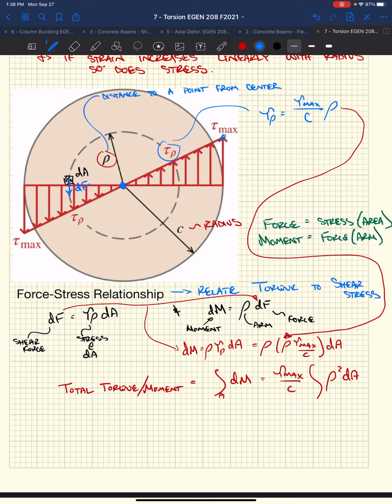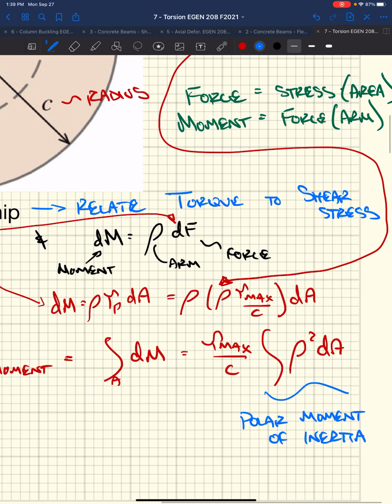Well, as engineers, we don't like to do integrals, just as you guys don't like to do integrals. So this rho squared dA essentially is a moment of inertia, but what they call it is a polar moment of inertia. Because no one wants to do the integral over the distance squared.